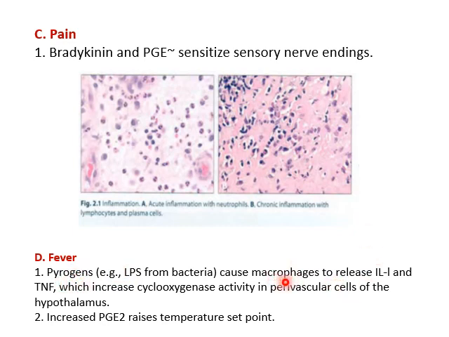Those make the macrophages, our cells, release interleukin-1 or tumor necrosis factor that increase the activity of cyclooxygenase in the perivascular cells of the hypothalamus, and that will increase the PGE2, which as we saw before helps the nerves sense the inflammation and cause pain. At the same time, it helps raise the temperature set points, so the body knows there is something wrong.